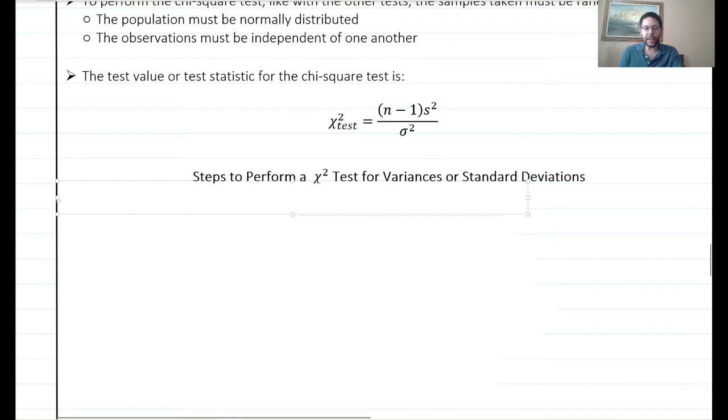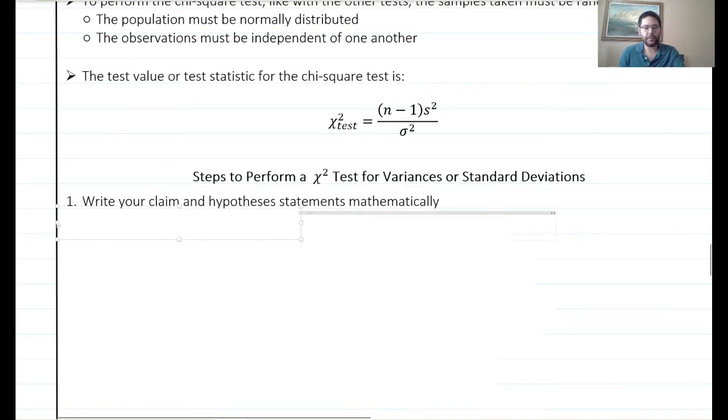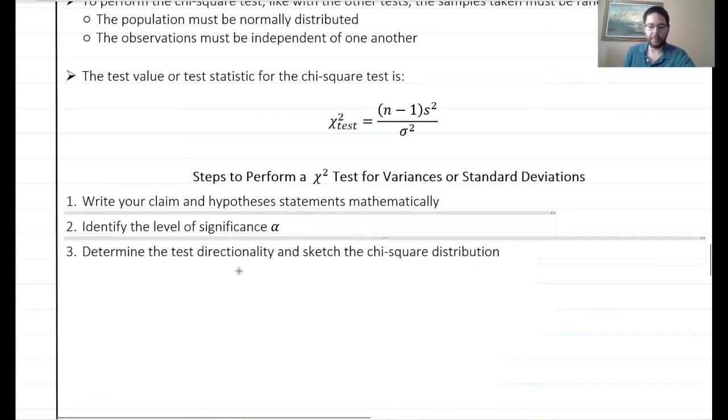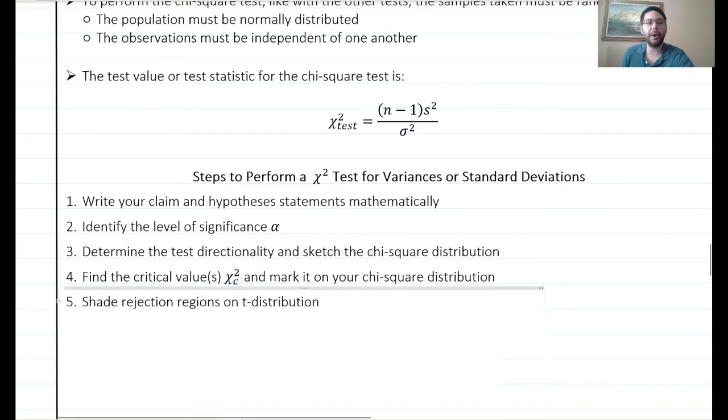The steps are going to be the same other than the formula. You're going to write your hypothesis statements like we normally do. Then identify your level of significance alpha. Determine your test direction, sketch your curve, find the critical values, which is what we did earlier in the previous problem, and shade your rejection regions on the chi-square distribution.